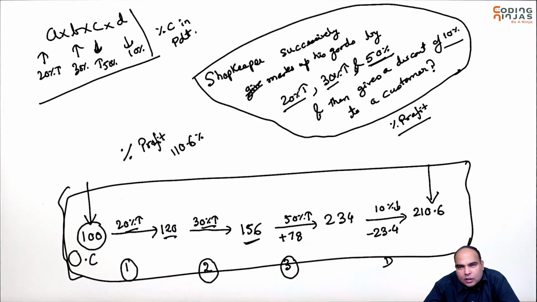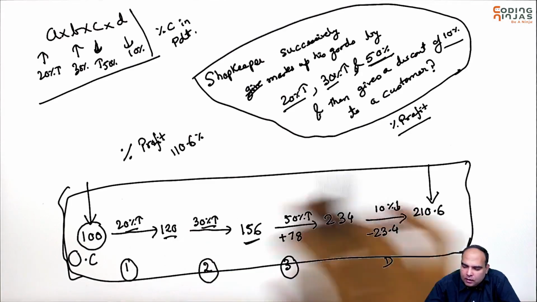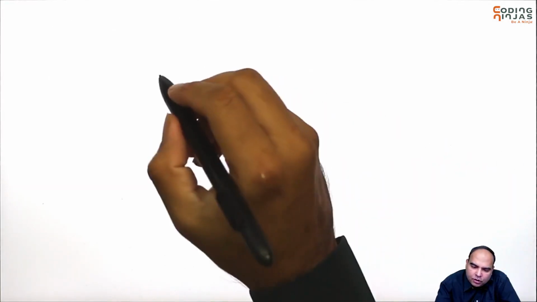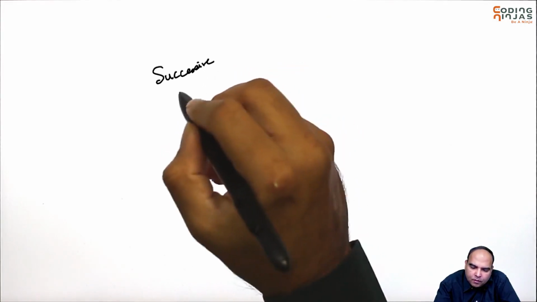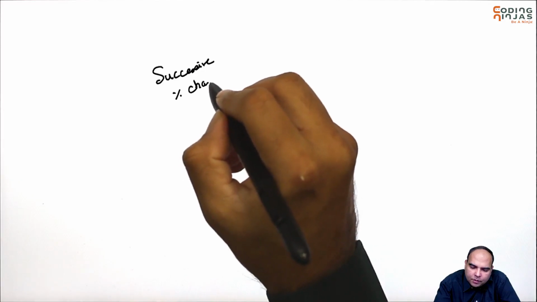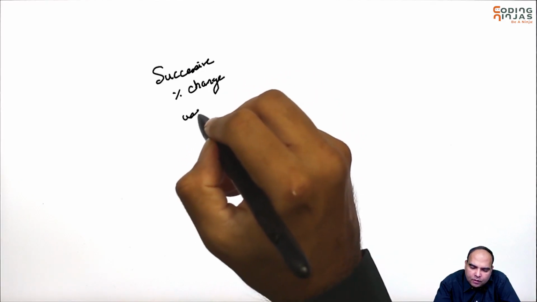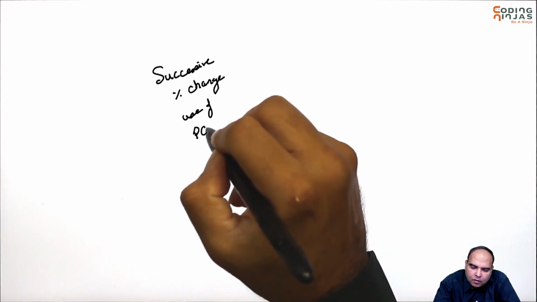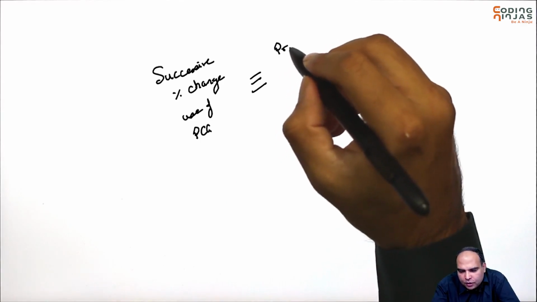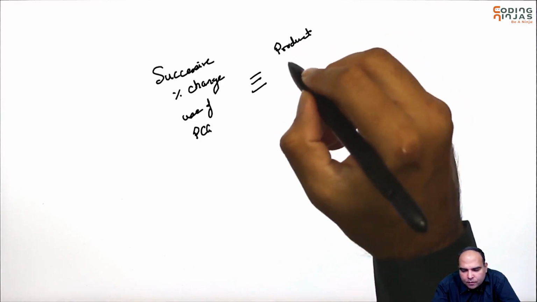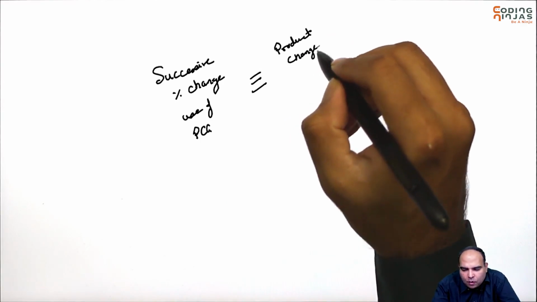So essentially, structurally, thought process wise, the successive percentage change use of the PCG is the same as the product change use of the PCG. There's only one small difference.